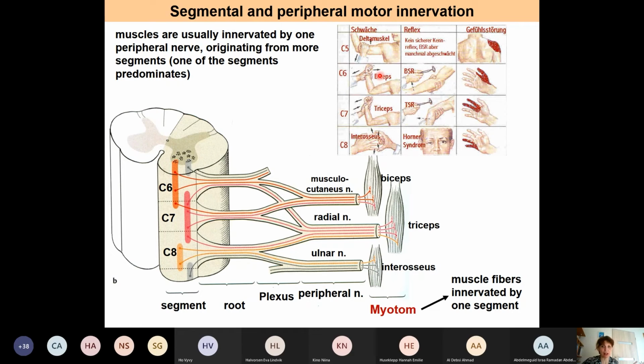For example, if you carry out the triceps reflex, and if you have a problem with this reflex, then it can refer to a problem in the C7 segment. But as you can check, one peripheral nerve is also composed of fibers coming from more segments, but one muscle is innervated mainly by one peripheral nerve.